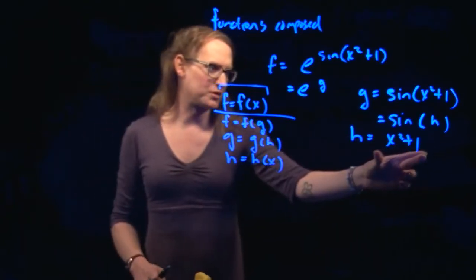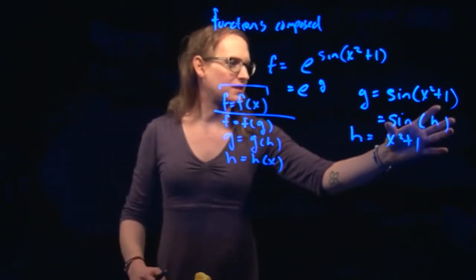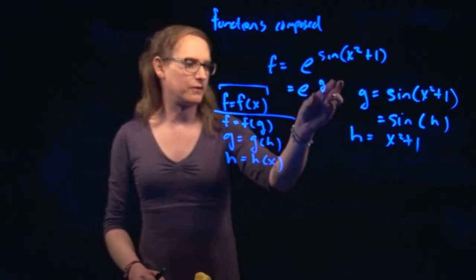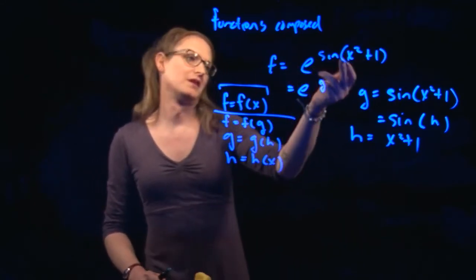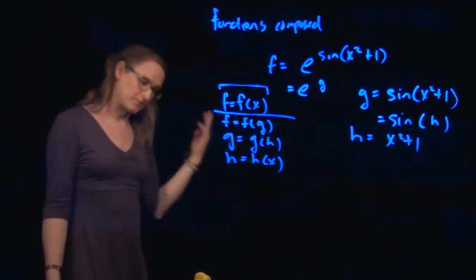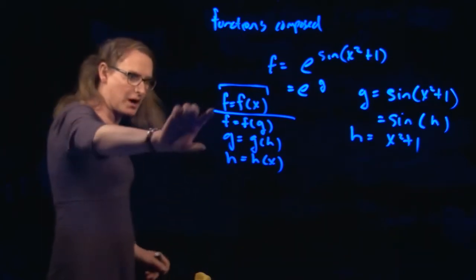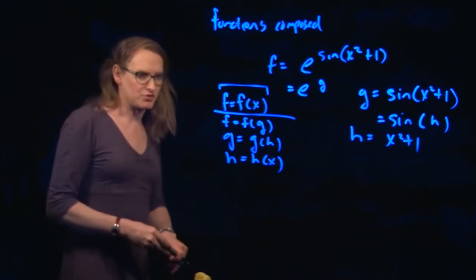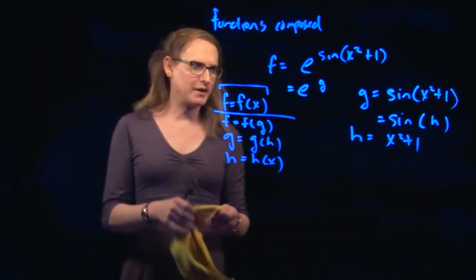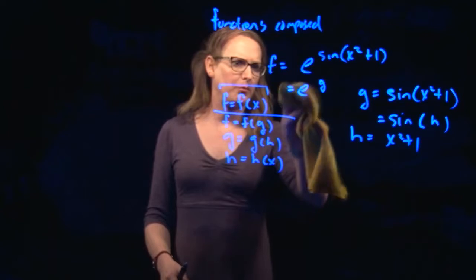Take this x squared plus 1, put it in for h, take sine of x squared plus 1, put it in for g, and then you have e to the sine of x squared plus 1, which is your original function. Okay, so I've got these functions right here. Let me go ahead and align them back up.